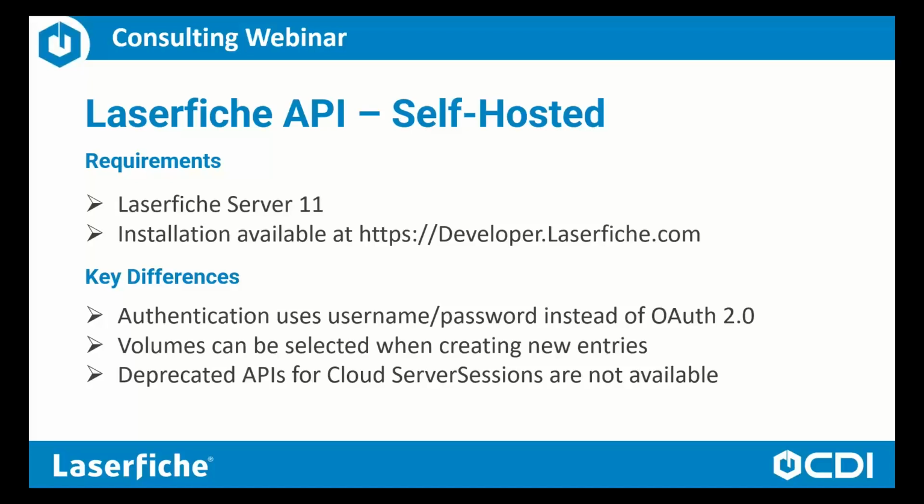In the Laserfiche self-hosted API, volumes can be selected when creating new entries, whereas Laserfiche Cloud does not utilize volumes. And finally, the deprecated APIs for Laserfiche Cloud server sessions are not available in the Laserfiche self-hosted API.